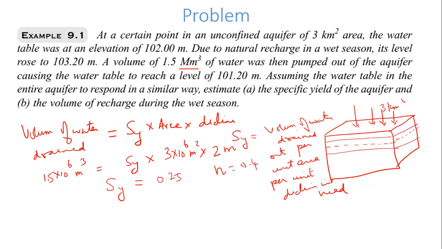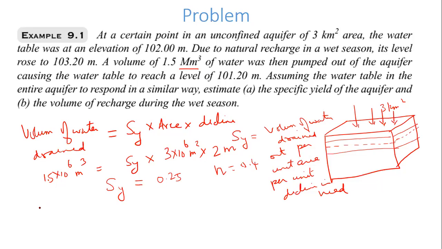All right. Now let us look at the next part, the volume of recharge during the wet season. If this is the specific yield, how much recharge must have happened to cause the water level to rise from 102 to 103.2? The second part is exactly the same as the first part.